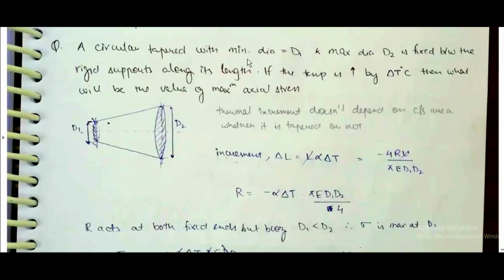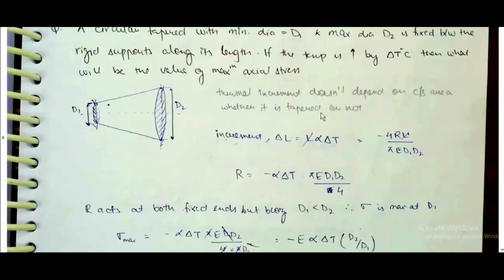A circular tapered bar with minimum diameter d1 and maximum diameter d2 is fixed between rigid supports along its length. If temperature is increased by delta T degrees centigrade, what will be the value of maximum axial stress? Thermal increment doesn't depend on cross-section area, whether it is tapered or not.